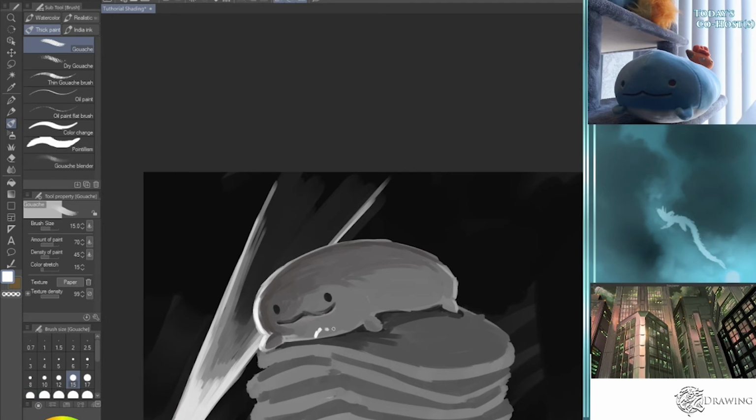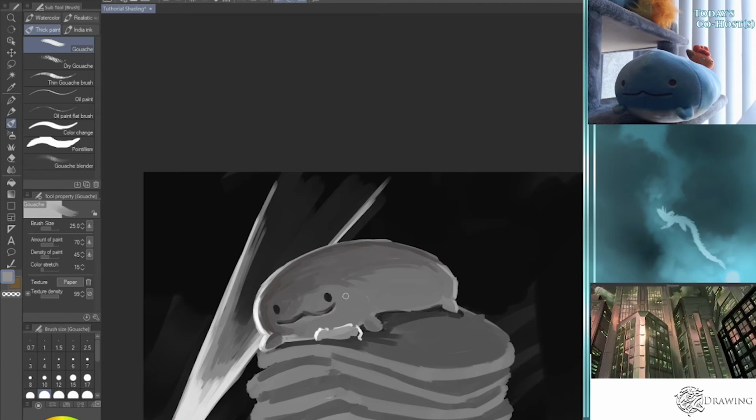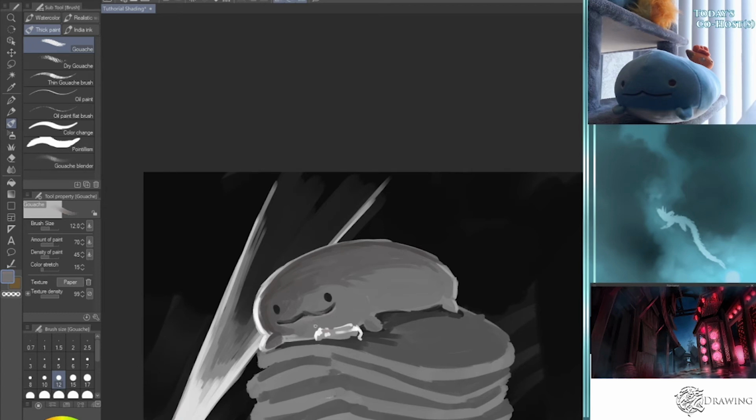And so that's why I'm going to move it over to here. Now the butter is part of this grouping here with Pancake and his pancakes. So I think it works.